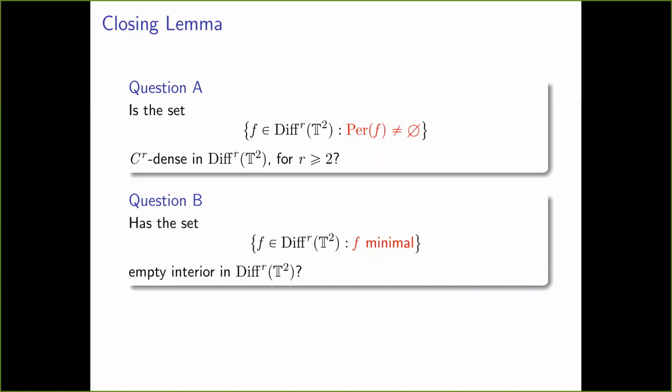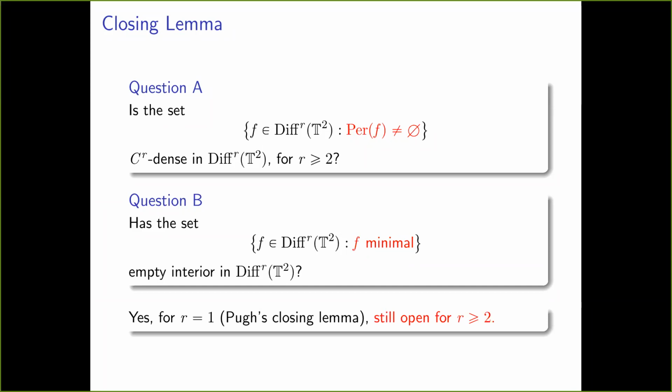As I said before, I studied and thought a lot about both questions. And unfortunately, of course, they have a positive answer for r equal 1, and this is due to the celebrated Pugh's closing lemma. But both of them continue to be open for r larger or equal than 2.